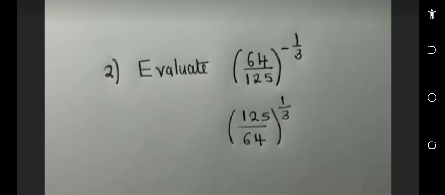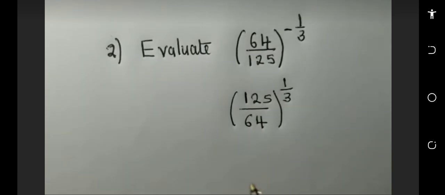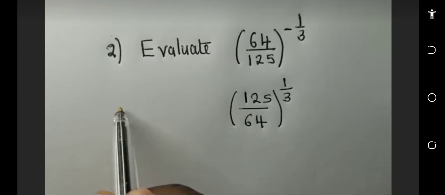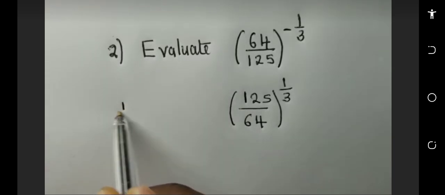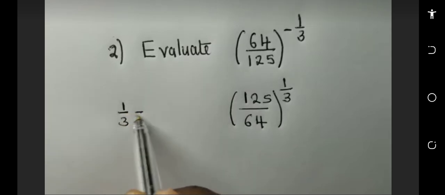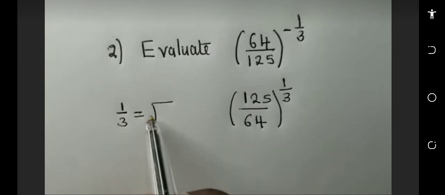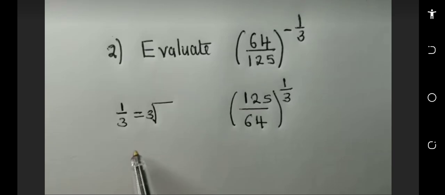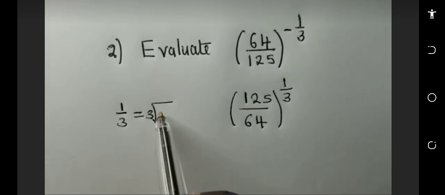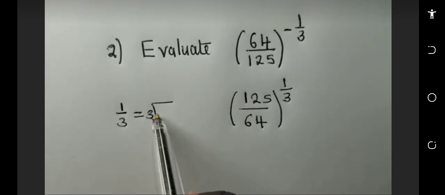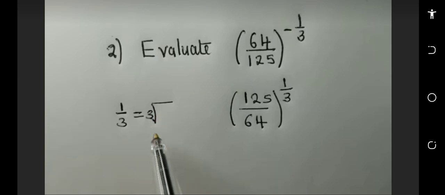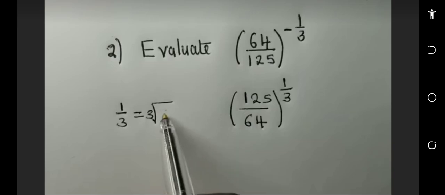Okay, so now after doing that, you need to understand some few things. When you have power 1/3, this is the same as a cube root. And the cube root is simply to find the number such that when it multiplies by itself 3 times, you get the number that is inside.